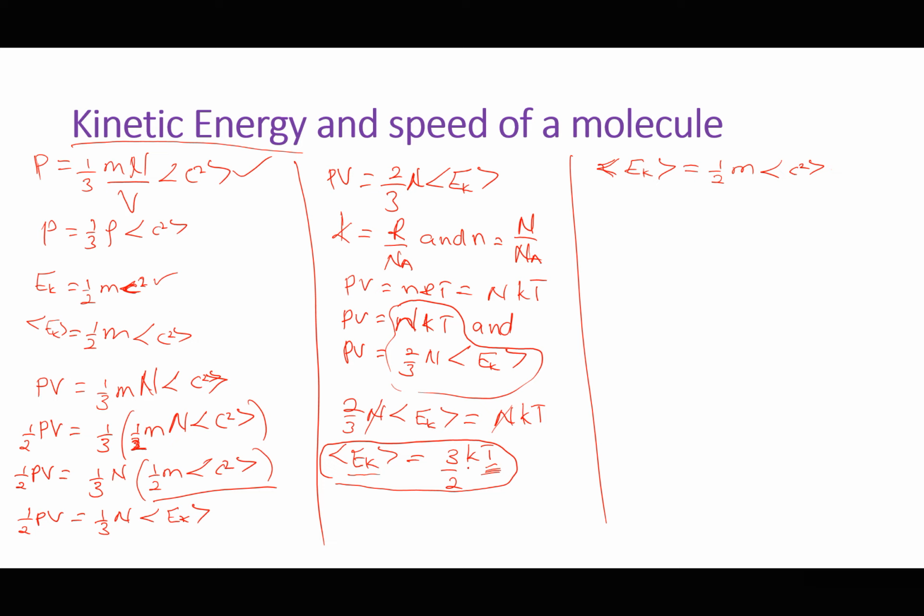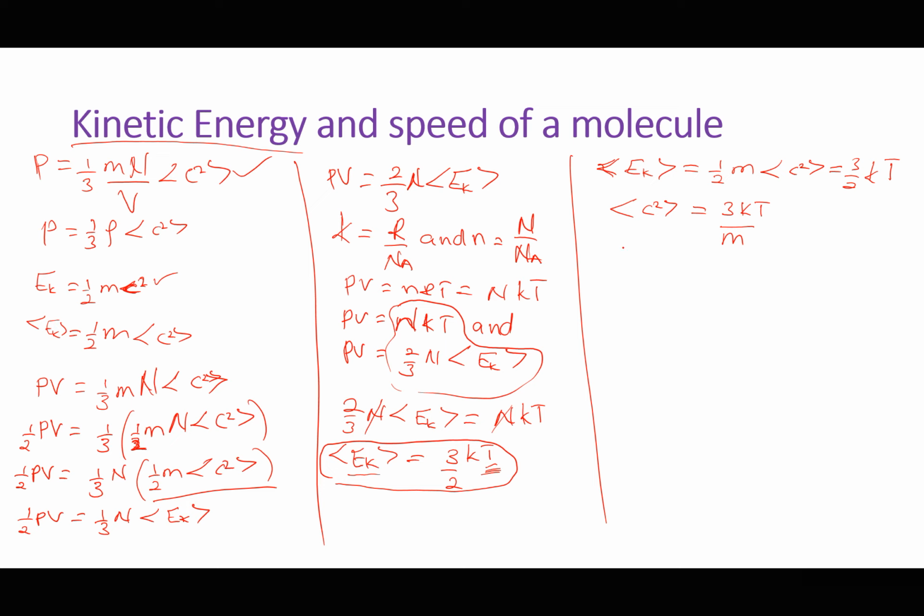Now that kinetic energy is 3 over 2 kT, so I will simply equate this to 3 over 2 kT. So a half has cancelled. It means that the mean square speed is going to be equal to 3 kT divided by the mass m. I'm just making average square speed the subject. So the mean square speed of a molecule is given by that expression.